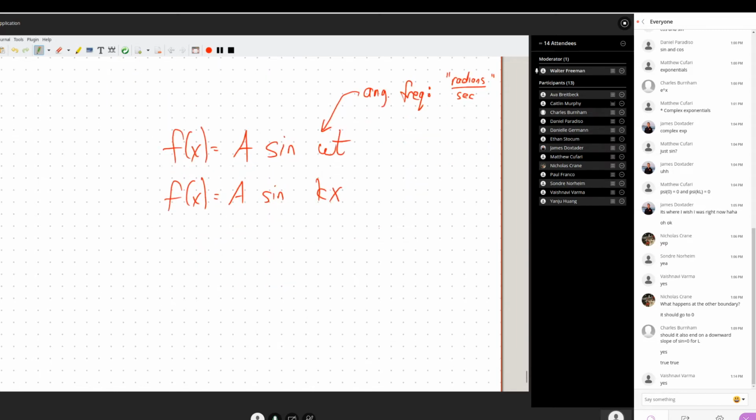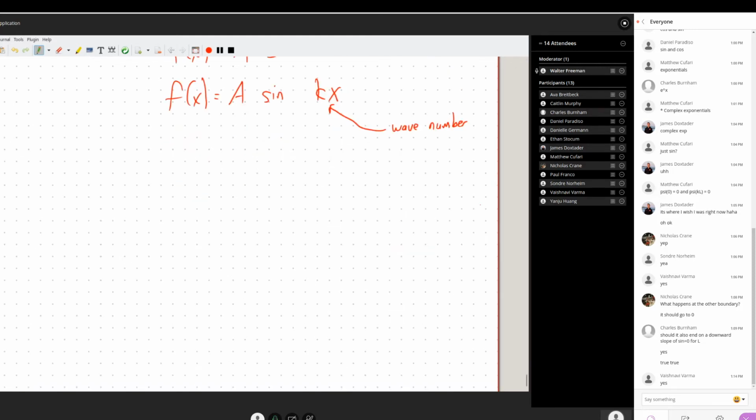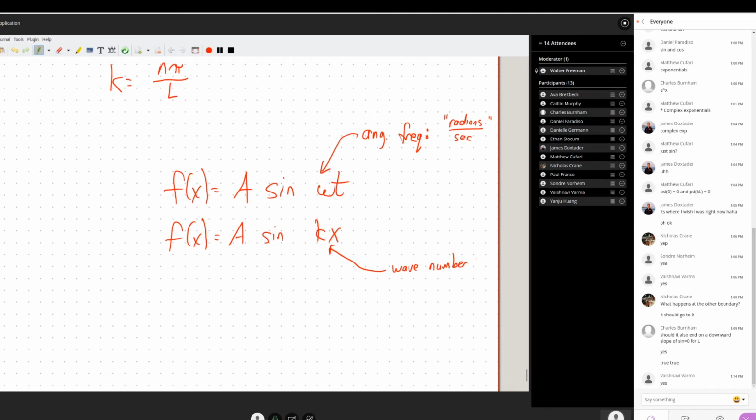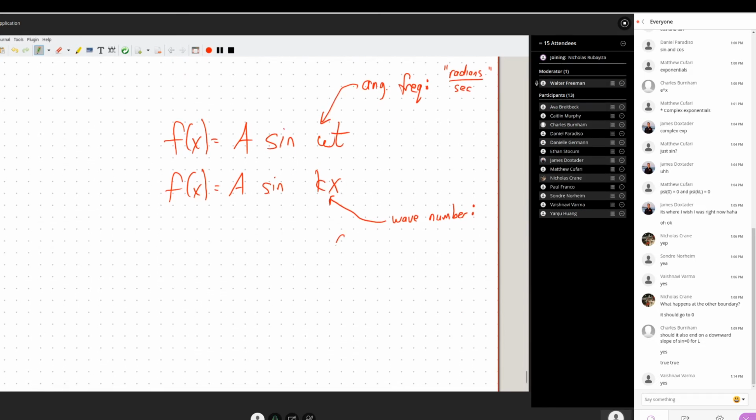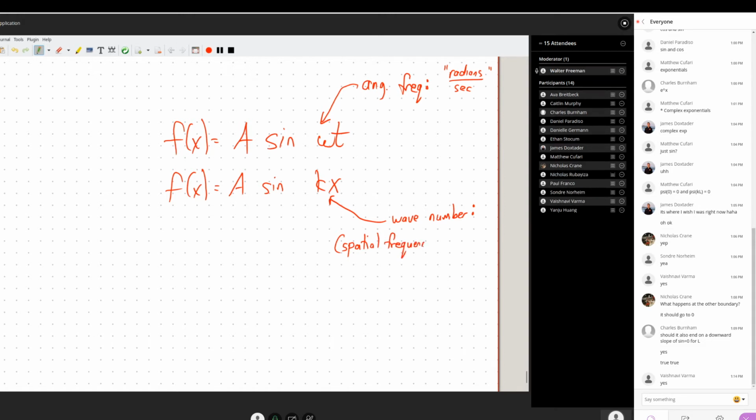K is the same thing, except instead of describing how fast something oscillates in time, this describes how fast something oscillates in space. So I prefer to think of wave number as spatial frequency, and that's a term that you'll actually see in image science a lot. It has units of not radians per second, but radians per meter.